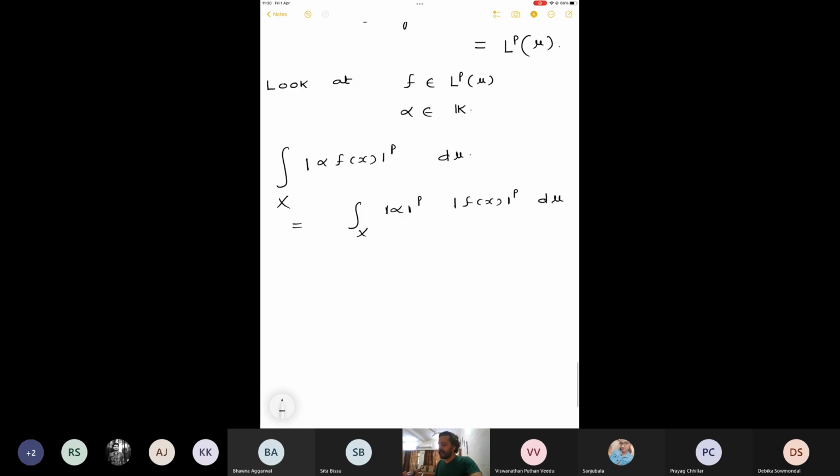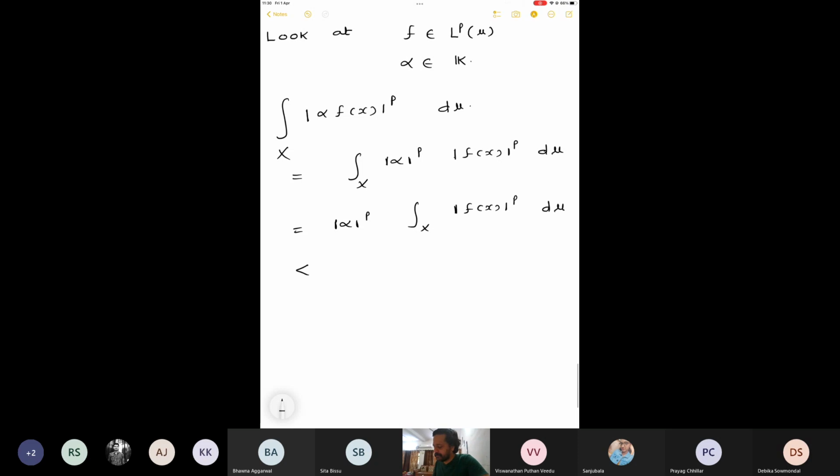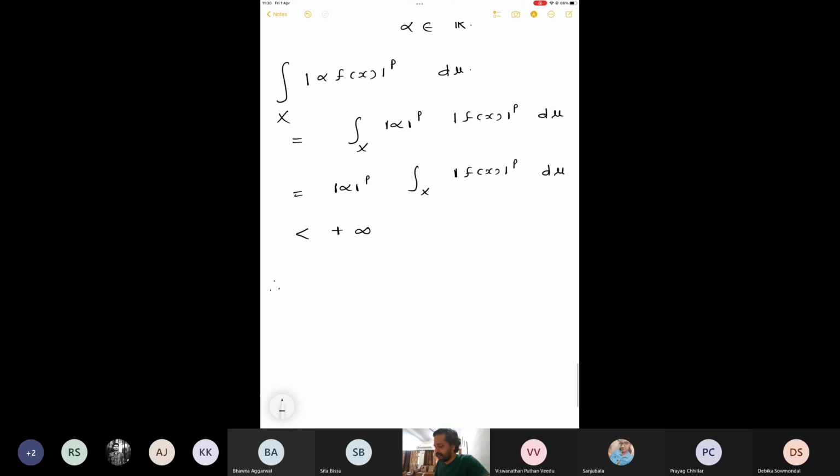Alpha is a constant, you can pull it out. Integral over x mod f of x the whole power p d mu. And once f is in LP, this integral, the pth power integral, will be finite. And therefore, this is less than plus infinity. A finite quantity times a real number mod alpha power p. So this is going to be finite. And that implies, therefore, alpha f is also in LP mu.